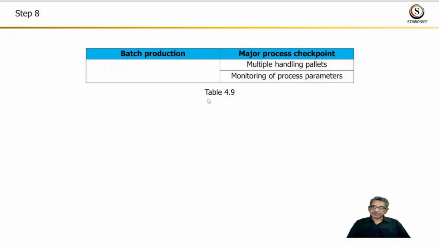Process step 8 is batch production. Table 4.9 shows the major process checkpoints such as multiple handling pallets. The press shop should have multiple handling pallets to accommodate the batch produced. Next point is monitoring of the process parameter. The process owner should monitor the process variables such as cushion pressure, input material and lubrication throughout the process.